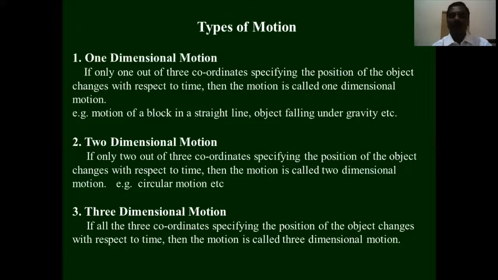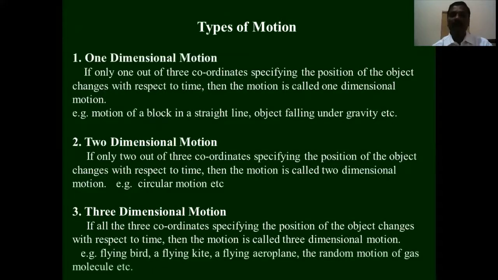Now here all three axes x, y and z, which are mutually perpendicular to each other, are required. And we know the examples regarding this: a flying aeroplane, the random motion of gas molecules, and flying birds.